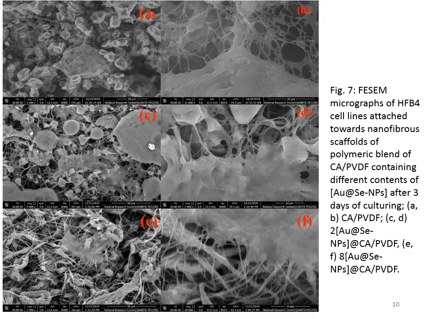Then the nanofibrous scaffolds were cultured in vitro with human fibroblast cell lines for 3 days, and then these scaffolds were examined via scanning electron microscope, and it could be seen that the cells proliferated and spread through the surface of the fibers.